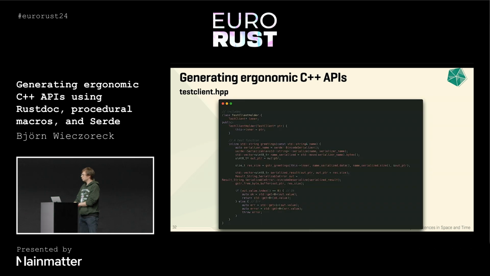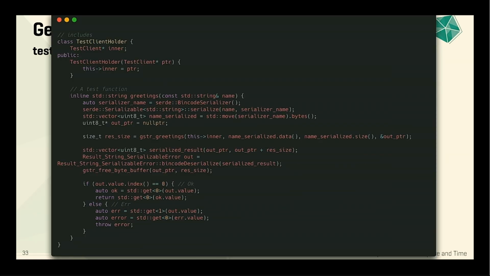But the C++ side is more interesting, and hence we have a test client holder, which holds the test client pointer, of course. But then we have the function here, and you can see the return type is a string again, and the input is a string again. And we basically do somewhat the same as we do on the Rust side.